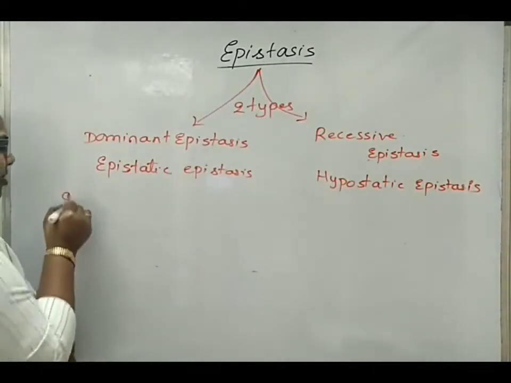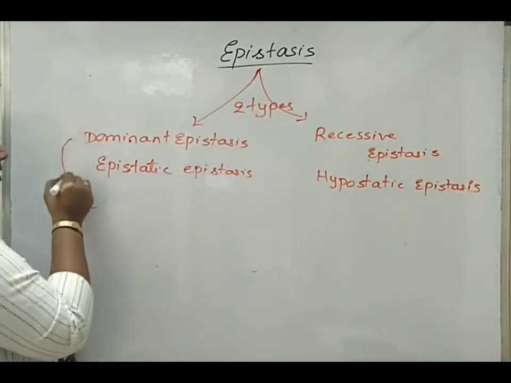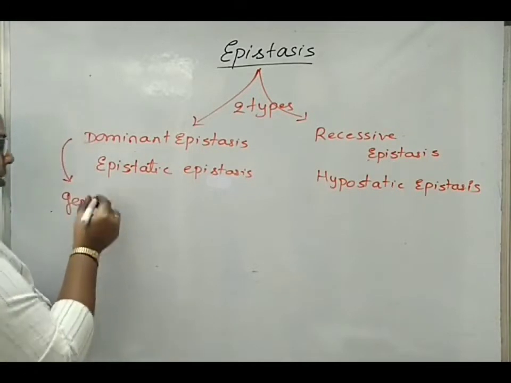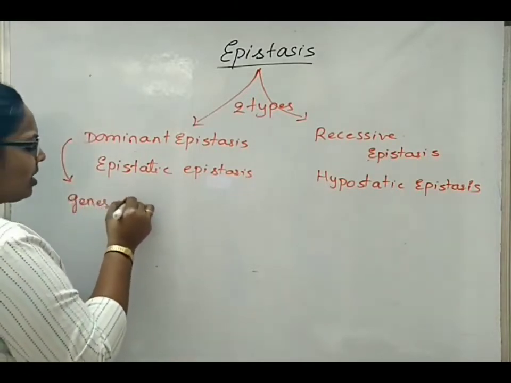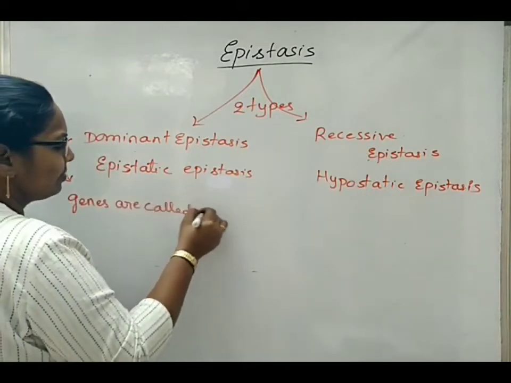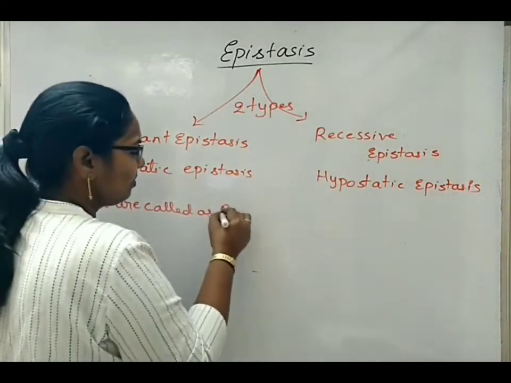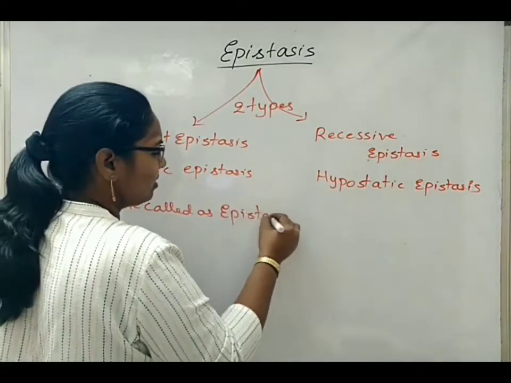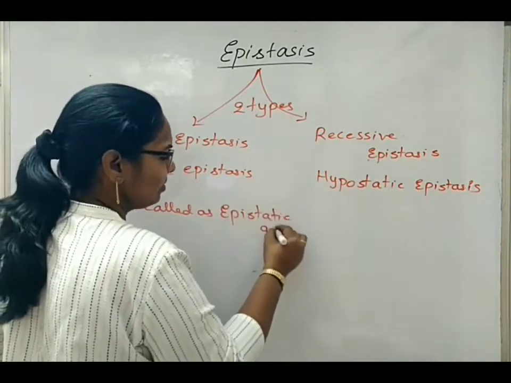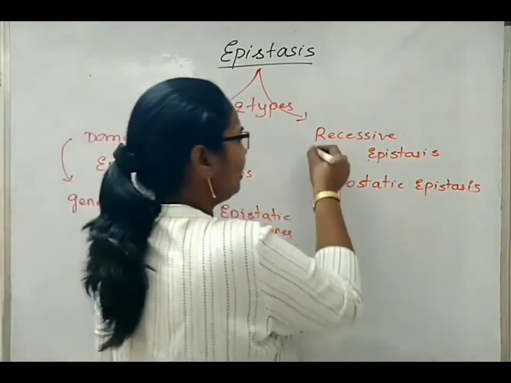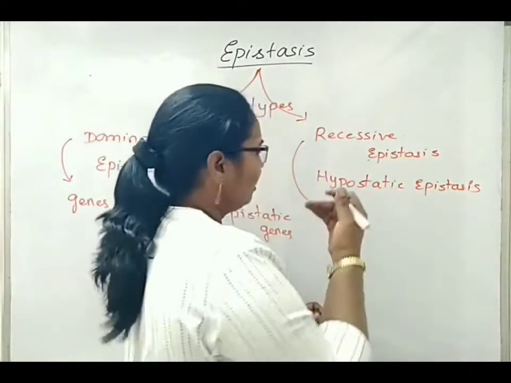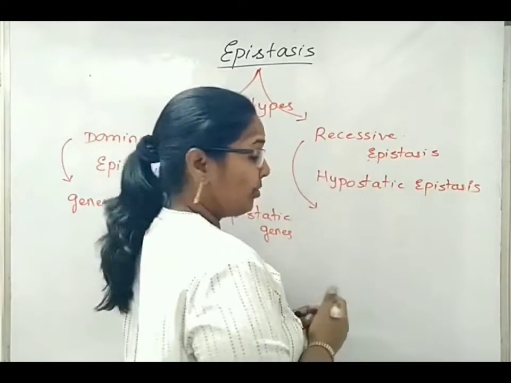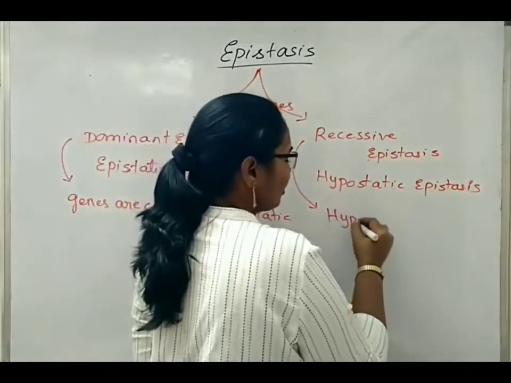Now, the genes that are expressing this type of nature are called epistatic genes, and the genes that are dominating even in their recessive form are called hypostatic genes.